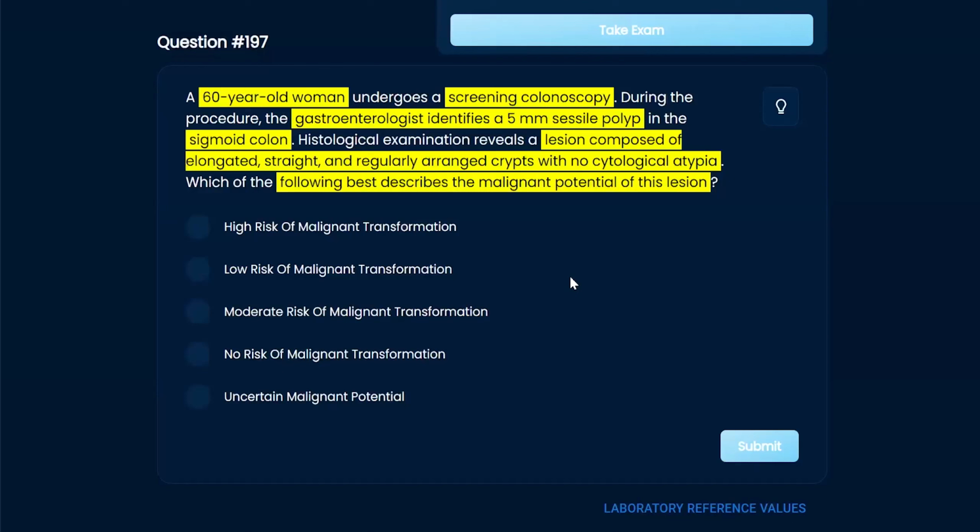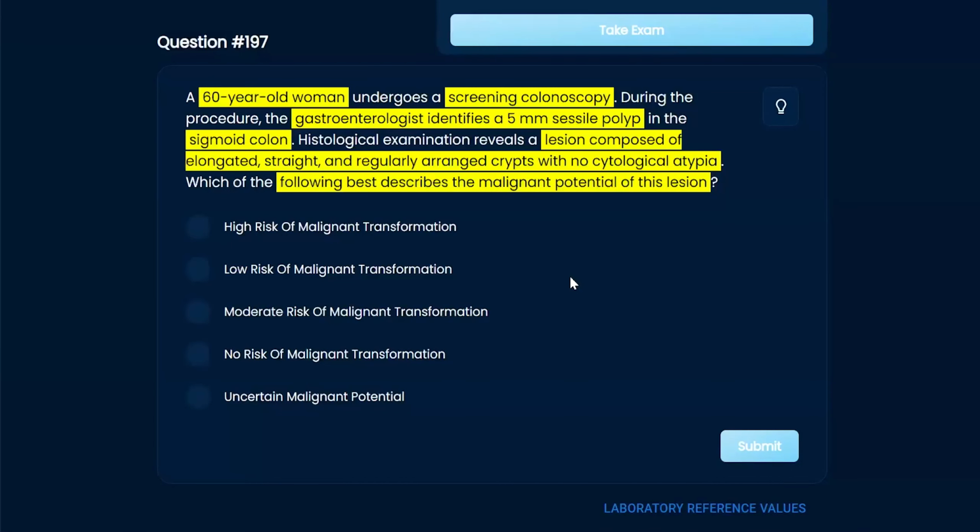Exactly. So we have a sessile polyp, with elongated, straight, and regularly arranged crypts, no cytological atypia. We're not seeing a lot of atypia and remodeling, so I'm leaning more towards a benign kind of tumor.